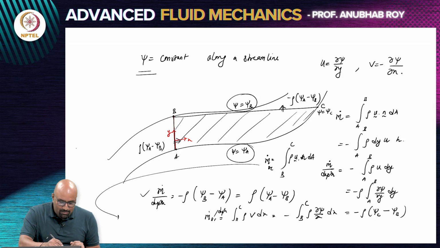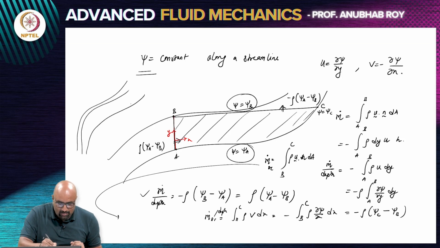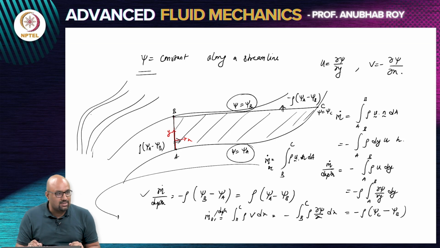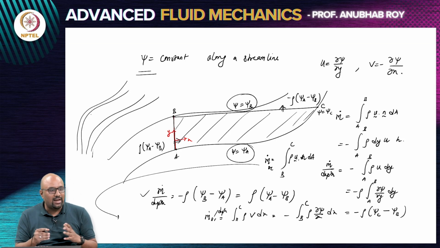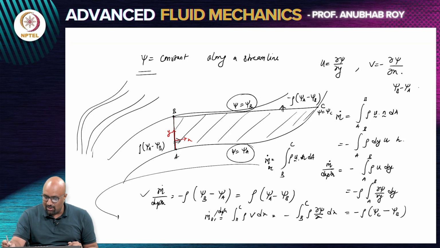When you see pictures, let us say from simulations or images, and you see streamlines bunching up in some place or fanning out in some place, it gives you an idea of the mass flow rate, how much fluid is actually being transferred, or without the density, the volume flow rate. So, if you do not have the rho, just psi B minus psi A or psi A minus psi B, the difference in the stream function will be the volume flow rate per unit depth.